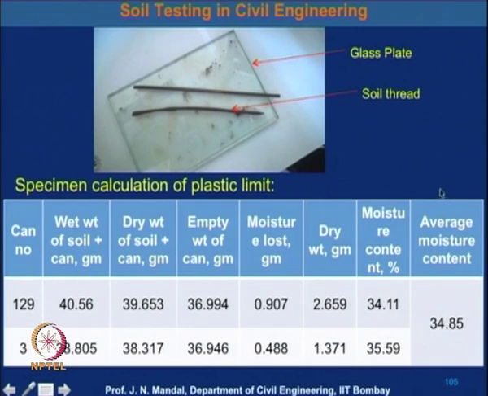Then you take the average of these values to get the average moisture content. Here it is 34.85%. This way you can determine the plastic limit of the soil.